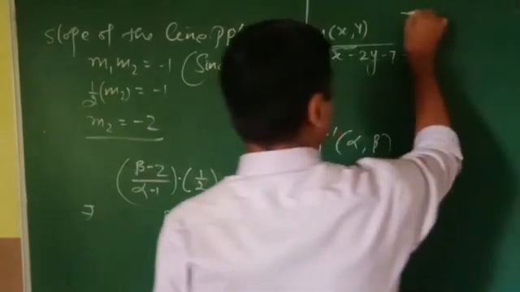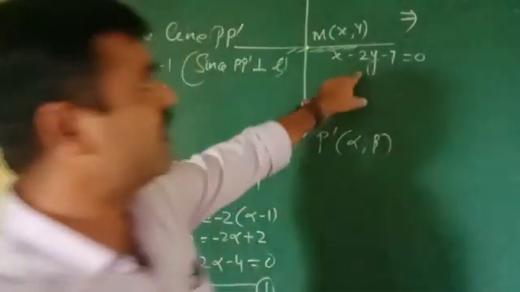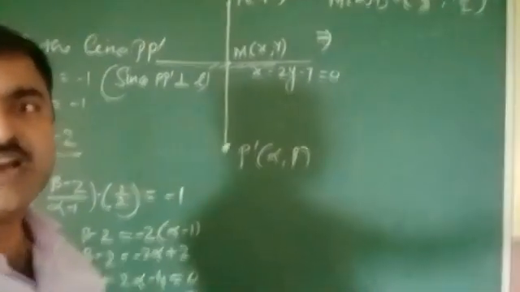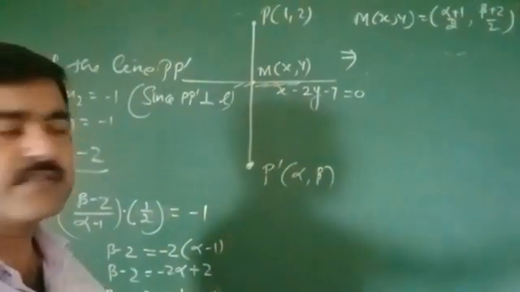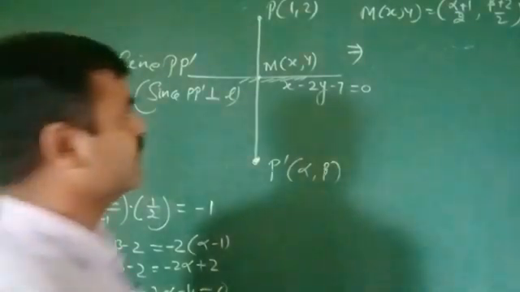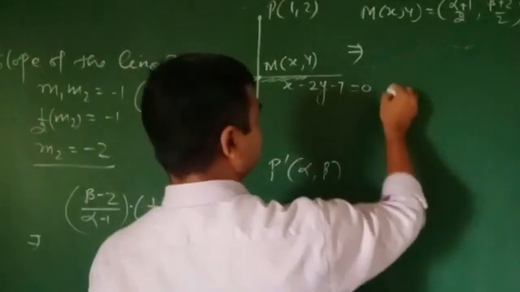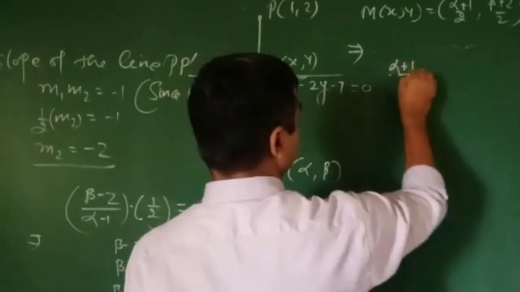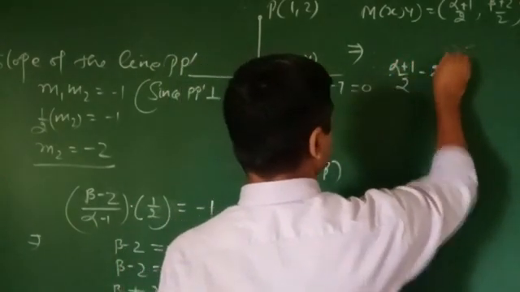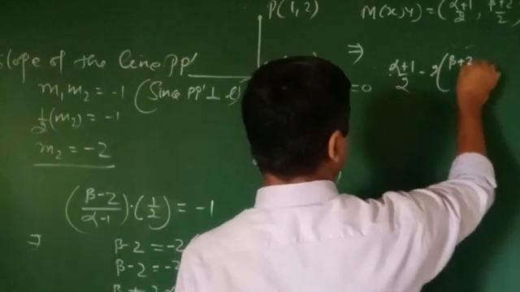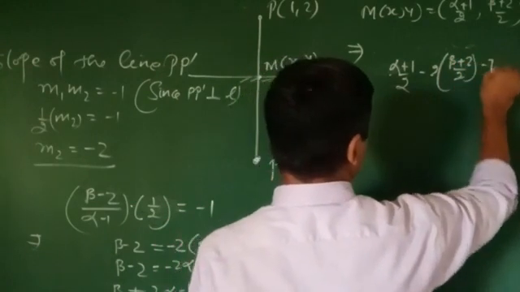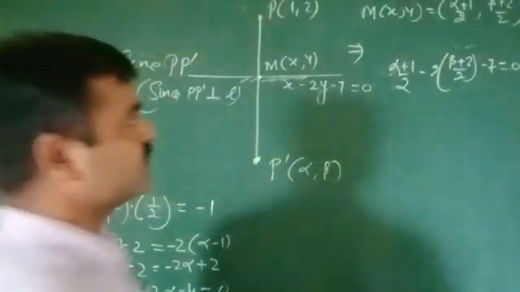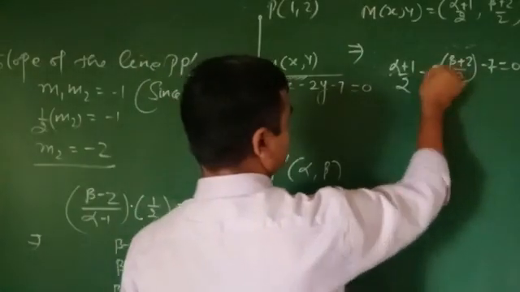So just satisfy the line by the point M, because M lies on the line x - 2y - 7 = 0. So here x is (alpha + 1)/2 minus 2 times (beta + 2)/2 minus 7 equals 0. Here the LCM is 2, and the 2s cancel out.